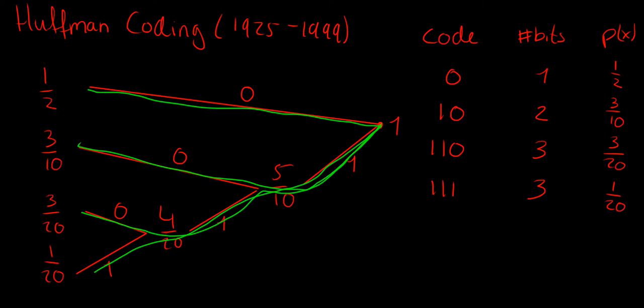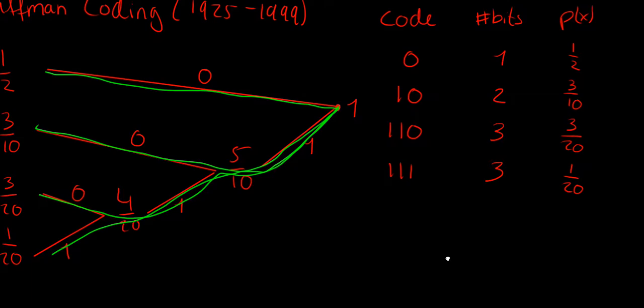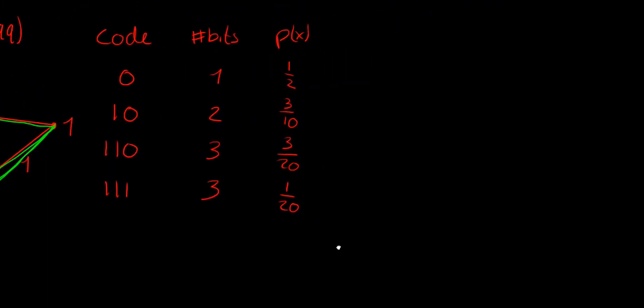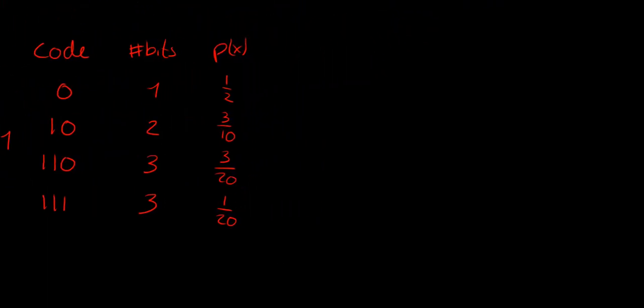Now, we have two codes that are actually 3 bits, while in our original everything had 2. However, this is still more efficient. And we can calculate that, because we can calculate the expected number of bits that are sent on average. And for that we need this table. We are going to calculate the expectation of the number of bits sent with this coding. An expectation works the same way as in probability theory.